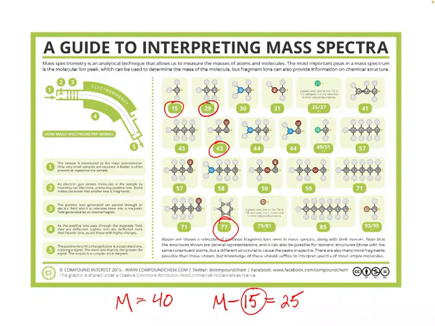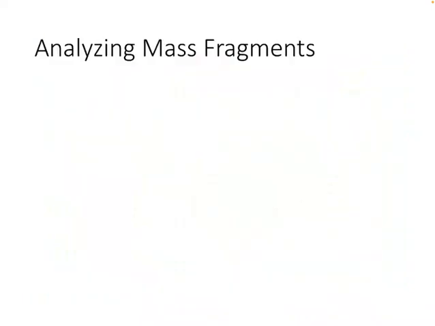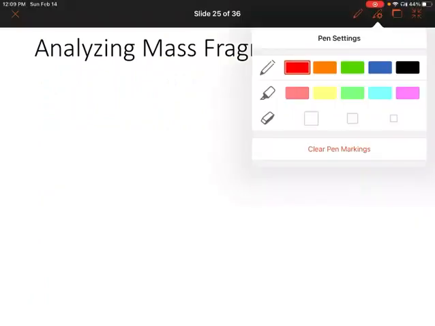So there are a lot of different possible fragments that can occur in mass spectrometry. We'll go over an example later on where we try to figure out what the structure of our molecule is based on the fragments that were lost. But let's make a list of the more common fragments.